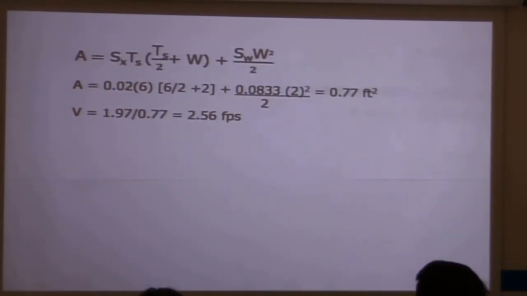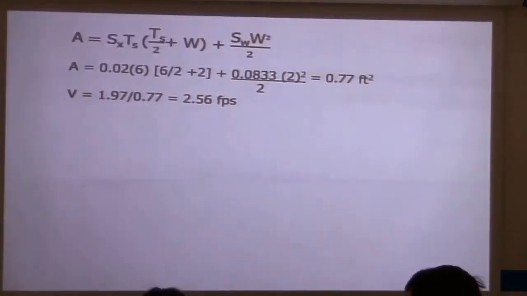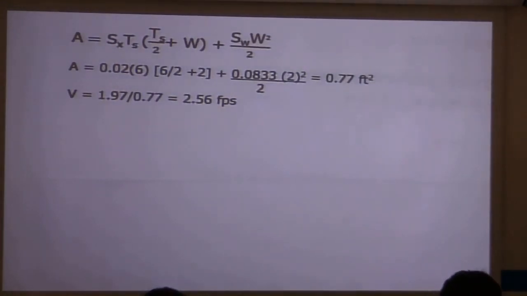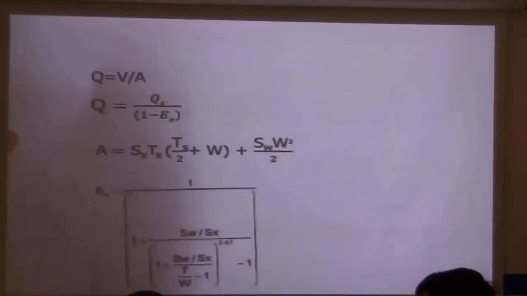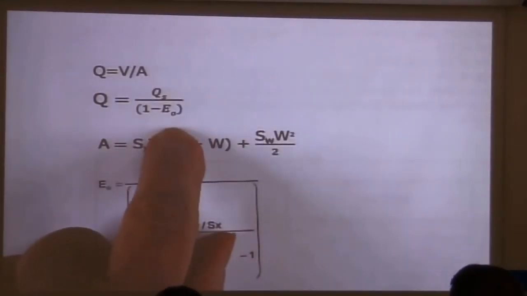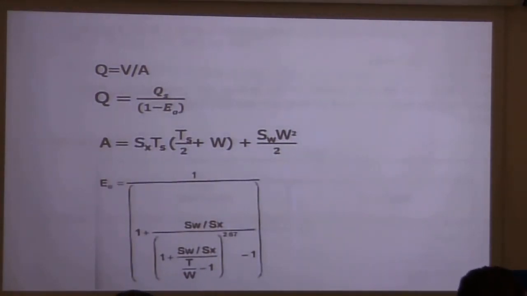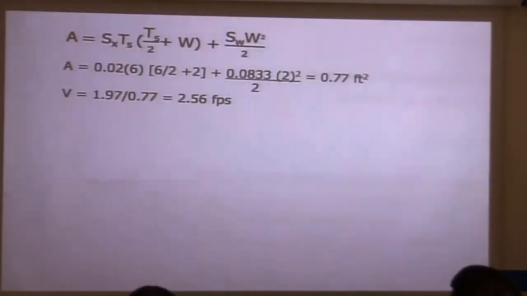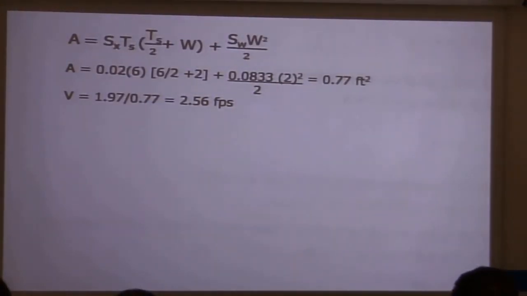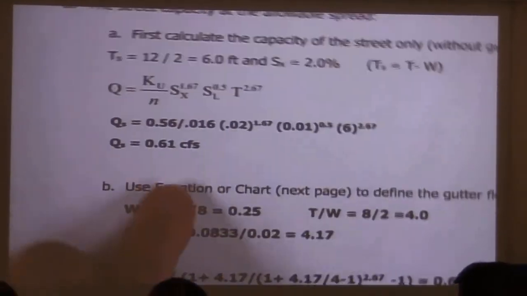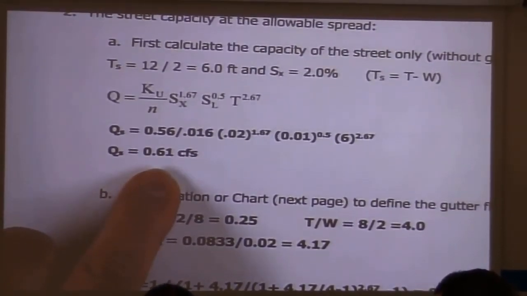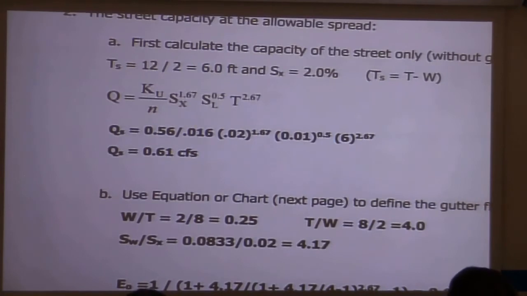Total Q. It was Q equals Q street capacity divided by 1 minus E sub o. And you had, wasn't that 2.56? No, it was 0.61, sorry. But still, it's your gutter flow ratio, which was the E sub o.